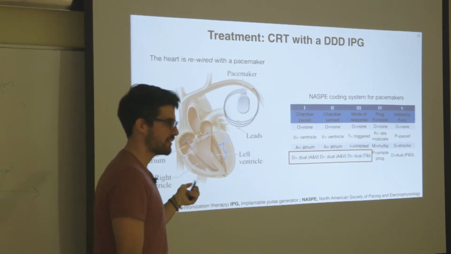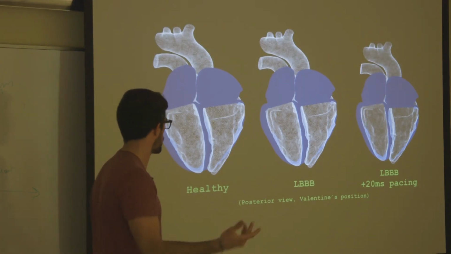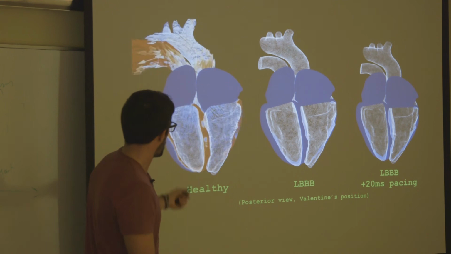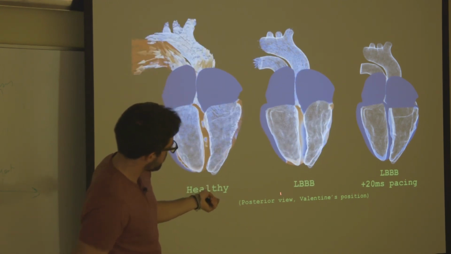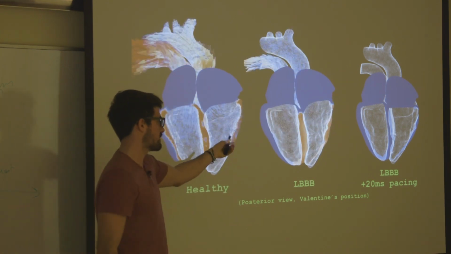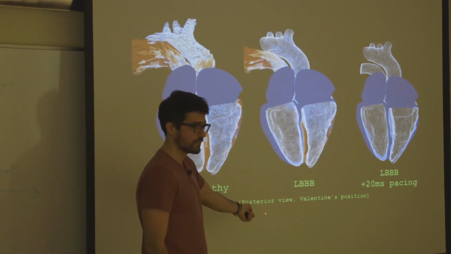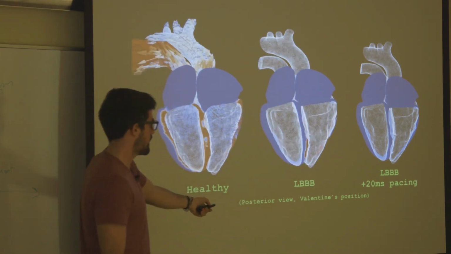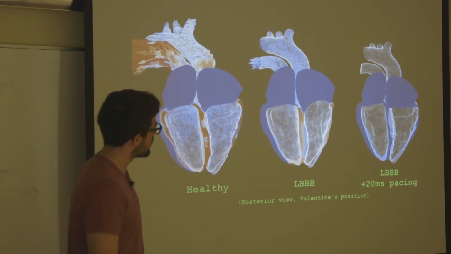This doesn't make your feet move because the shocks are small. So again, you have the healthy case and the left bundle branch block case. You are seeing it with the left side on the right because it's a posterior view. This is easier to see in the simulation, that's why I did it this way.